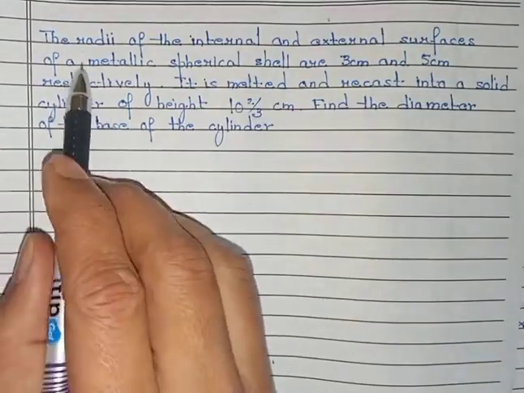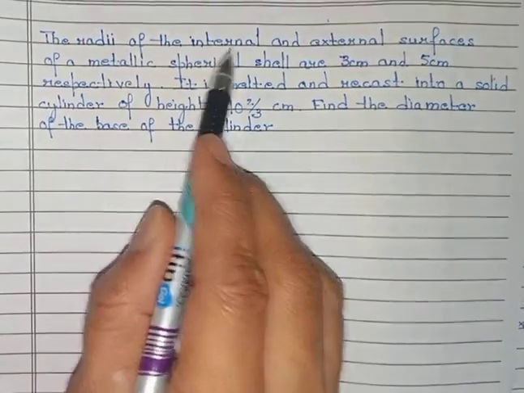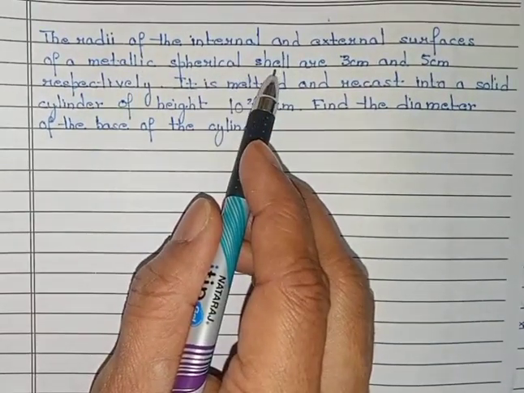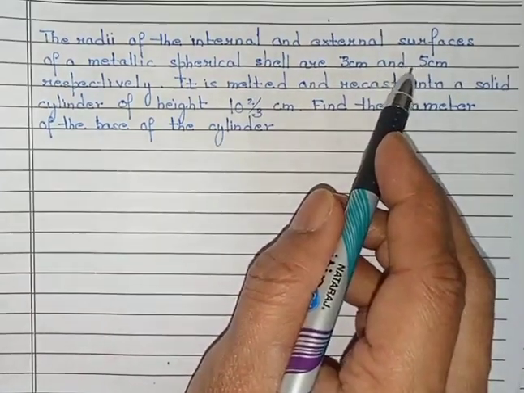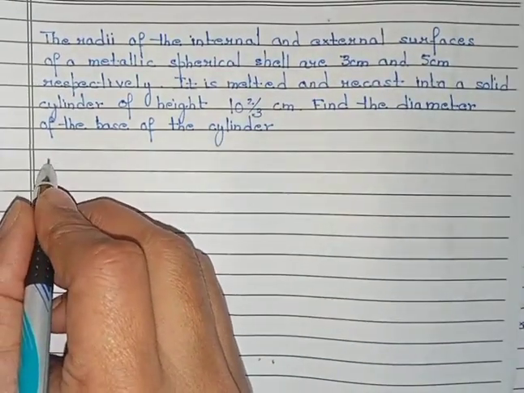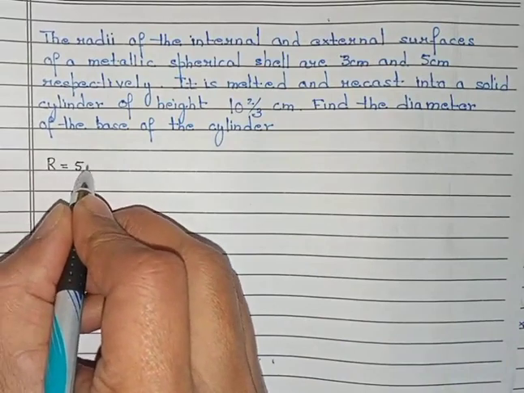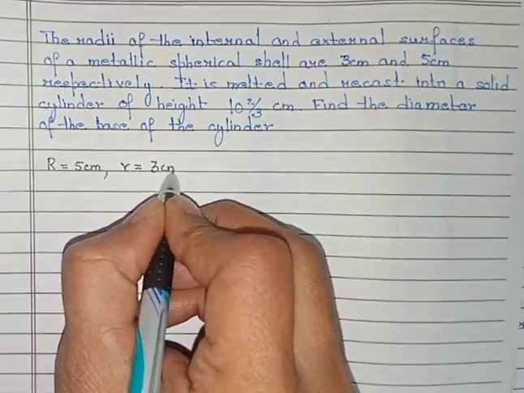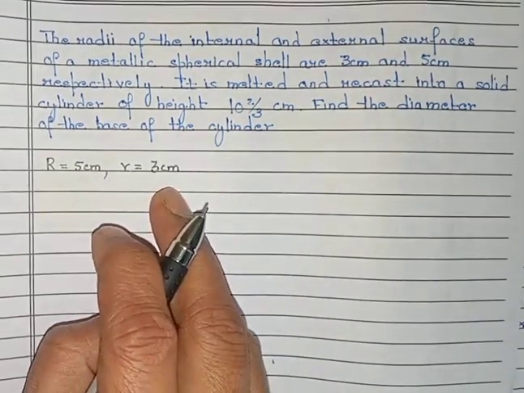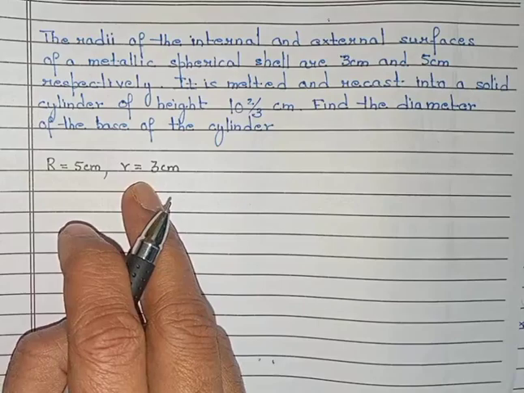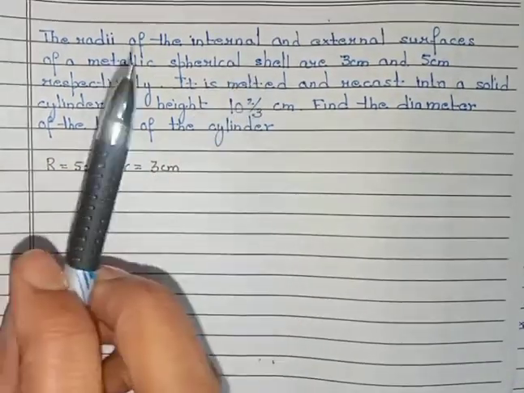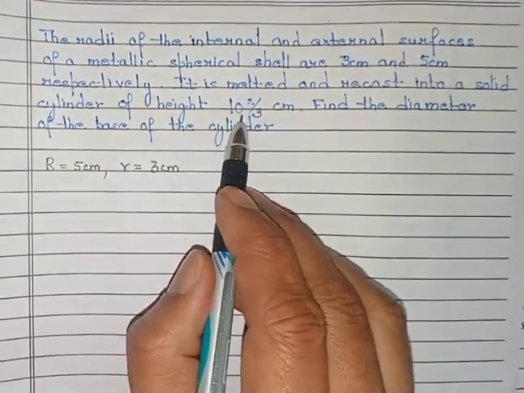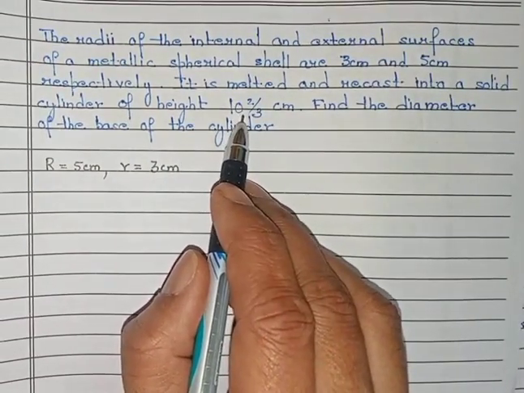Now in the question they have given the radii of the internal and the external surfaces of a metallic spherical shell as 3 and 5. So the external radius is 5 centimeter and the internal radius is 3 centimeter. These are the dimensions given for the spherical shell, and it is melted and recast into a solid cylinder of height, and they have given you the height of the cylinder.